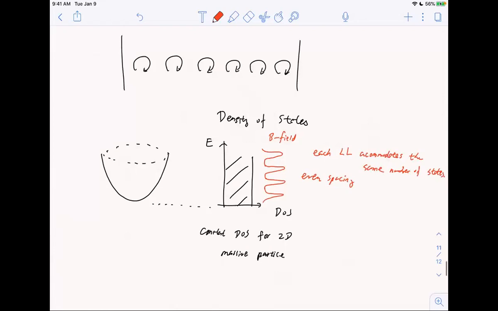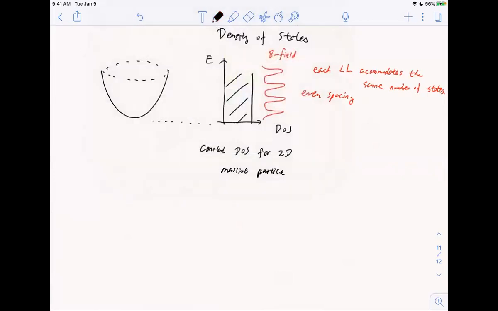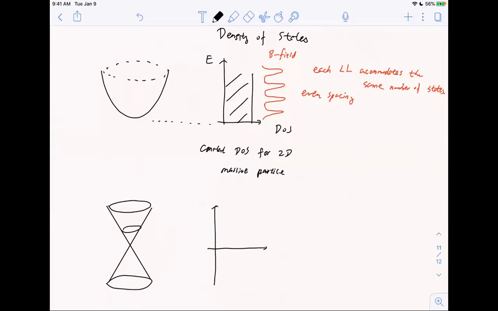Okay. However, for Dirac fermion, the density of state is not even. I mean, you can clearly tell that this one has a bigger radius, and this one has a smaller radius.